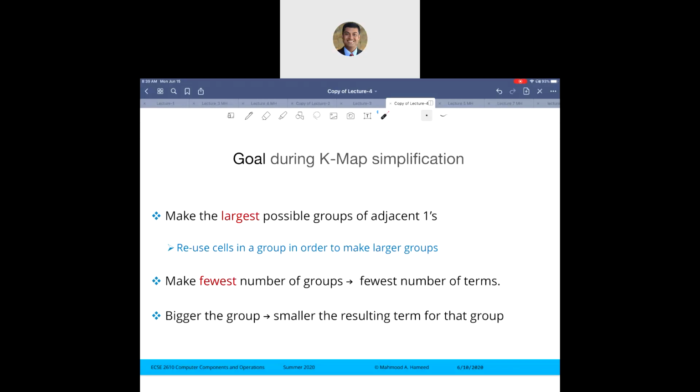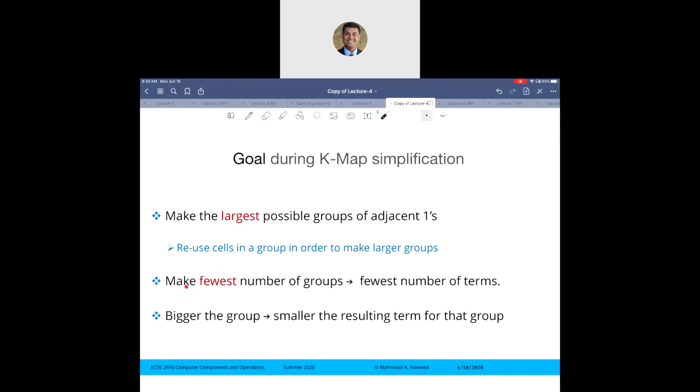So the goal is to make largest groups of ones. And if you do this, you might end up with the fewest number of groups. So your goal is to make as large of a group as possible, which will in turn give you the fewest number of groups as possible.